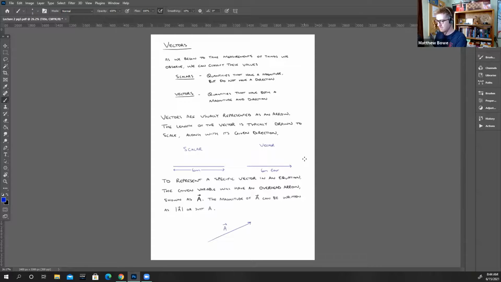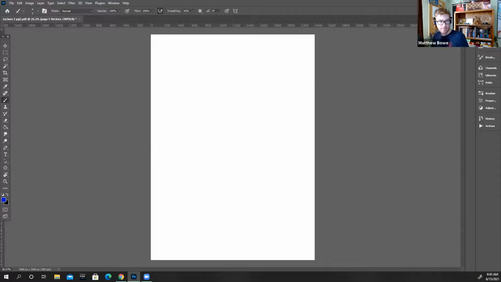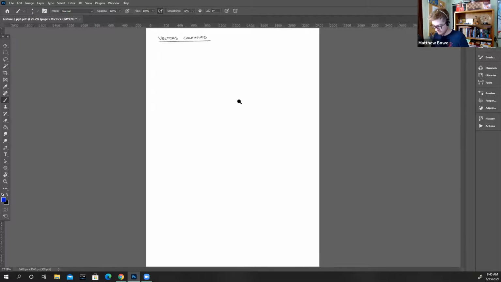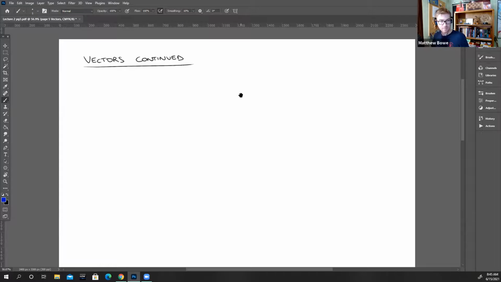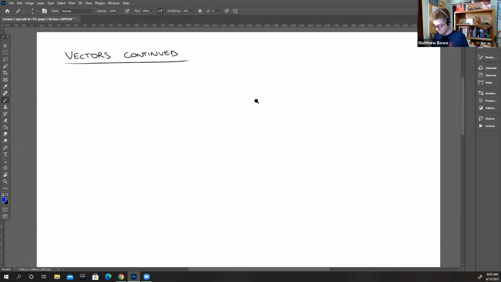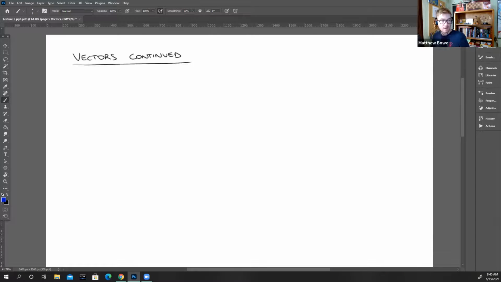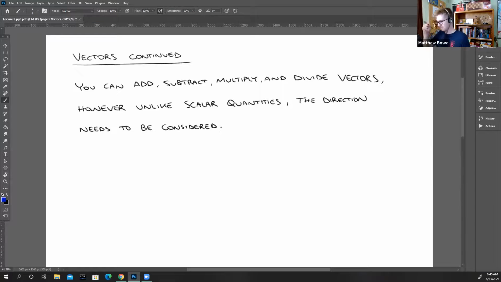Now that we have sort of an introduction into vectors, we can see how they're important and maybe add or subtract them. Let's look at the next page. Vectors are very similar to scalars.